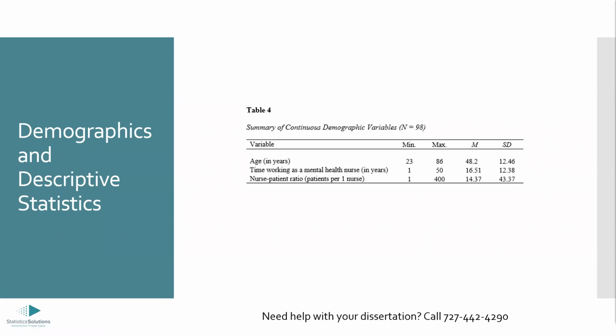And here's another example of a table. This time it's a table showing descriptive statistics for continuous variables. So here we have means and standard deviations, as well as minimum and maximum values for our continuous variables.